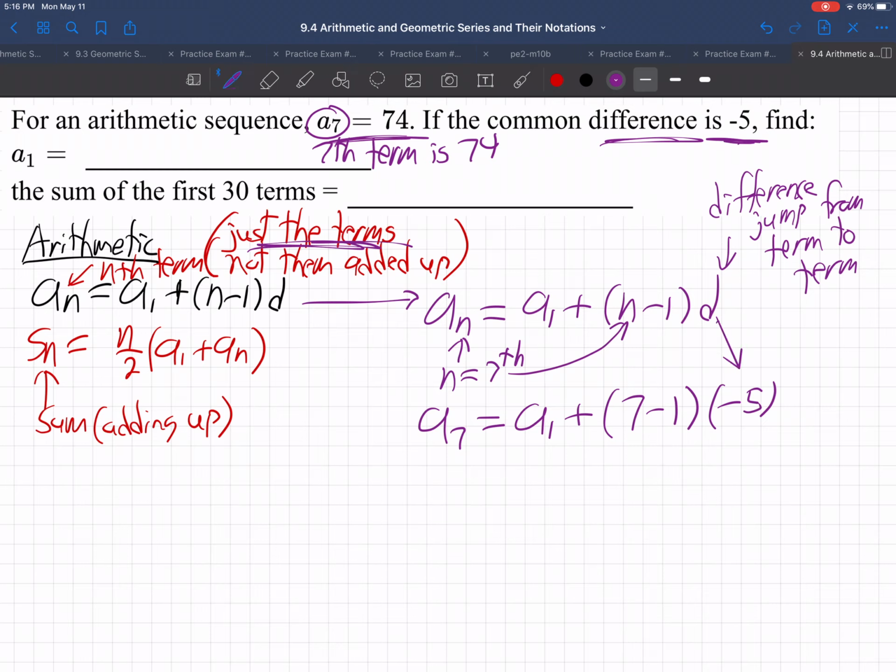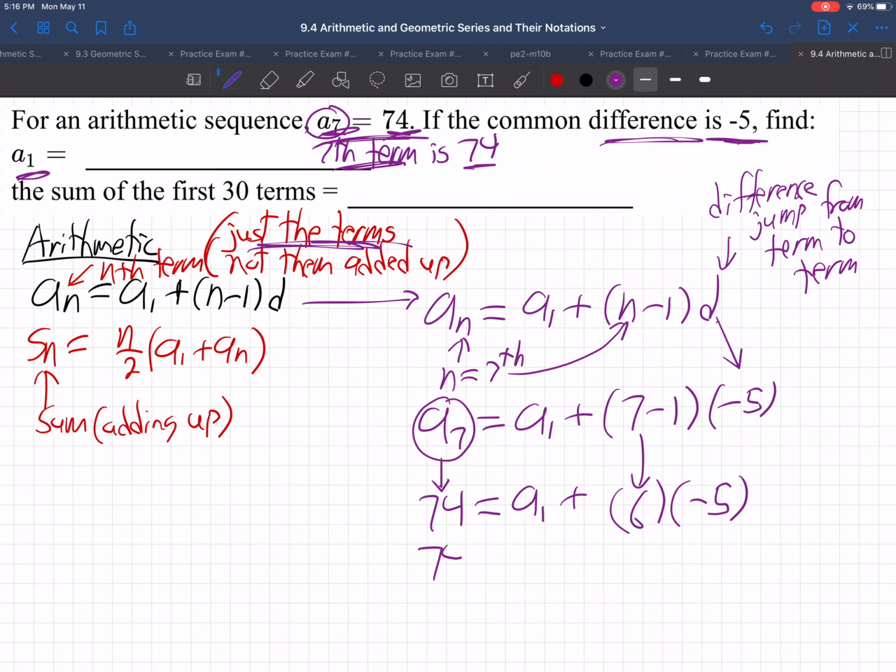So what is a sub 7? We can plug in for a sub 7 what they told us. The seventh term, a sub 7, is 74. So that's 74. A sub 1, we don't know that. In fact, that's what we're trying to find. 7 minus 1, that's 6 times minus 5. 74 is a1 minus 30, right? 6 times -5 is -30.